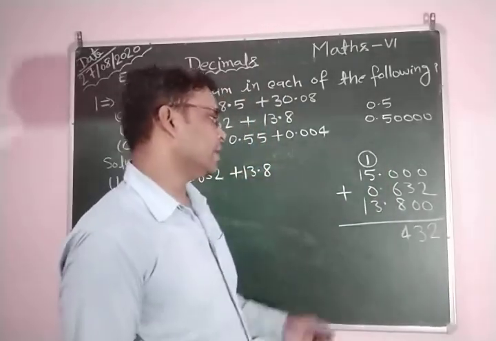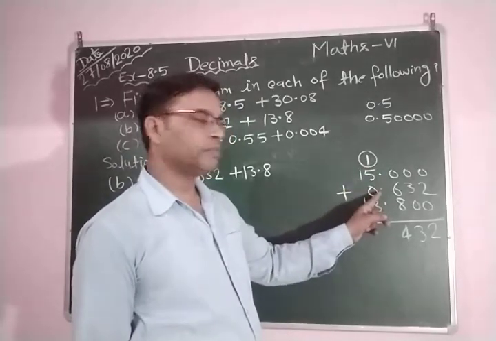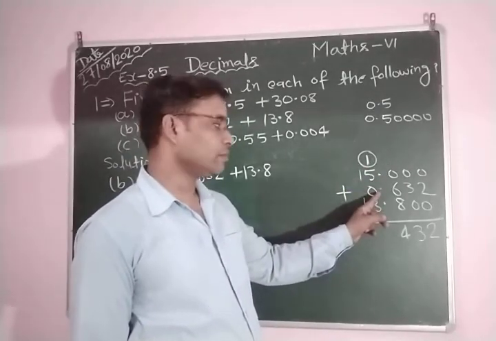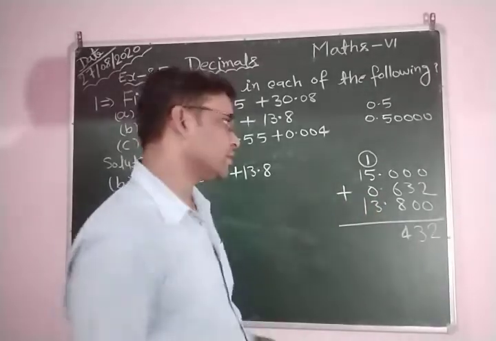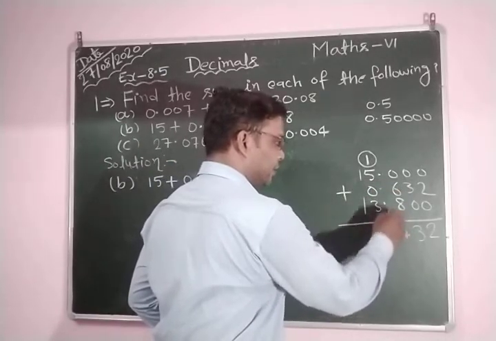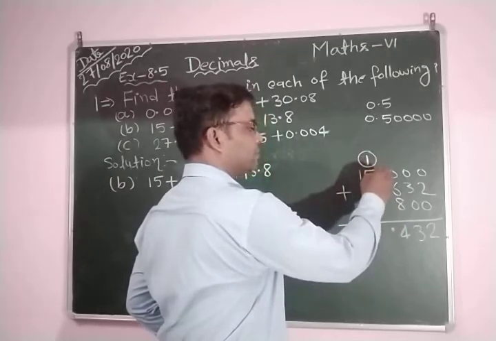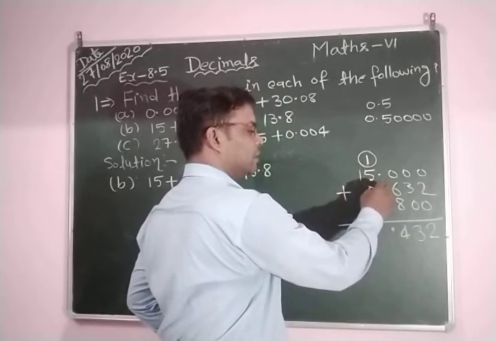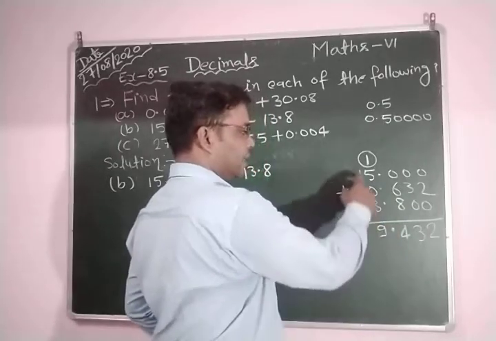Clear? And again 1 plus 5 is 6, 6 plus 0 is 6, and 6 plus 3 is equal to 9. And before it we write the decimal.